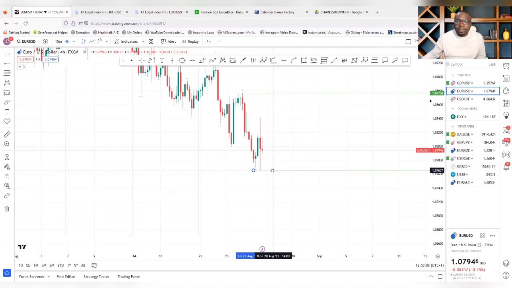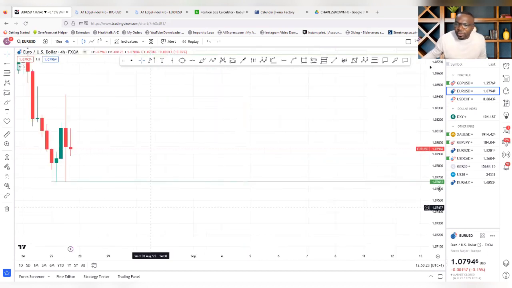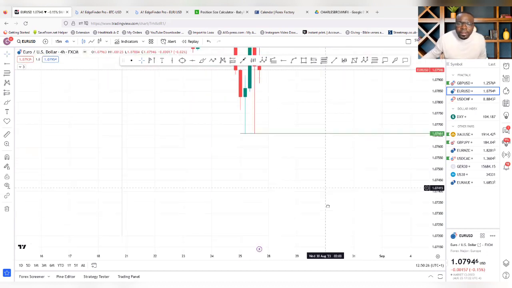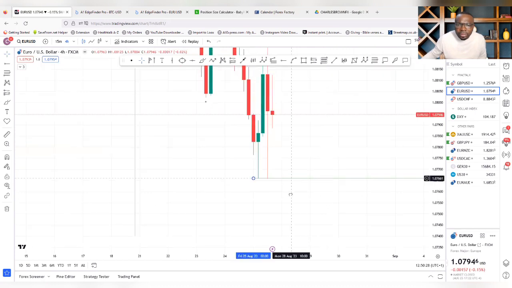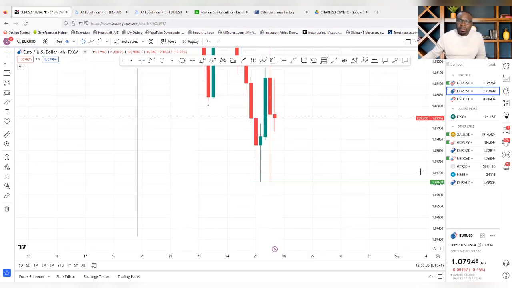Of course, this low broke it, pushed back up, and then pushed this one a little bit down again. So this is a very tricky one. Let me see if they are equal lows. Yeah, they are equal lows, which is fine. It can be seen as equal lows. So that's awesome. So first of all, have that low there.